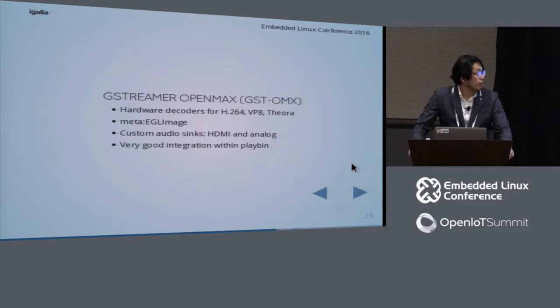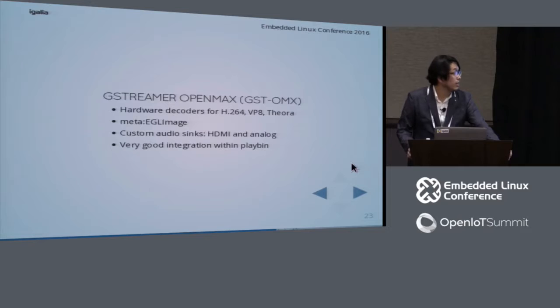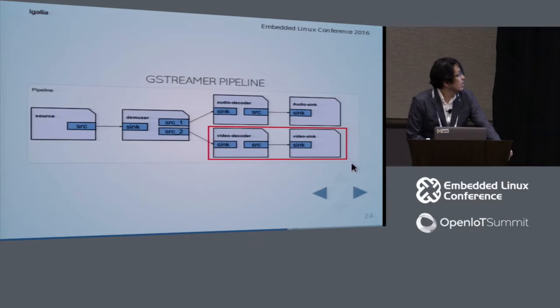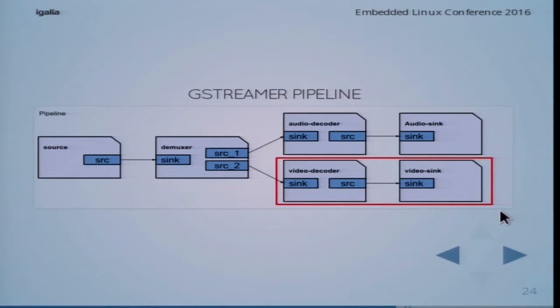But there were some problems. There's a source and demuxers, so we can pass just the source, and in that case, the demuxer passes the audio streams to the audio decoder, and auto audio sink will play the audio, so there's no big problem.